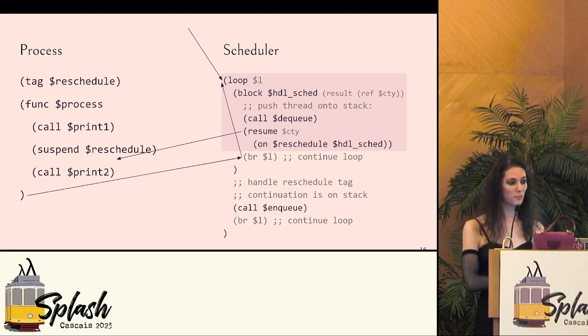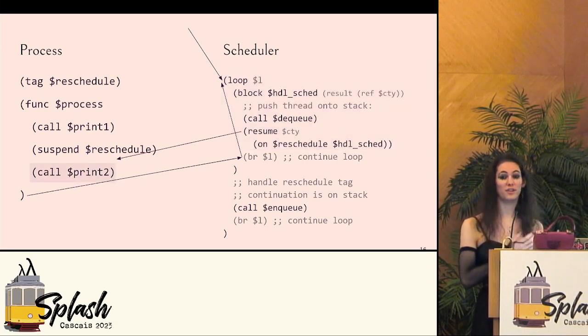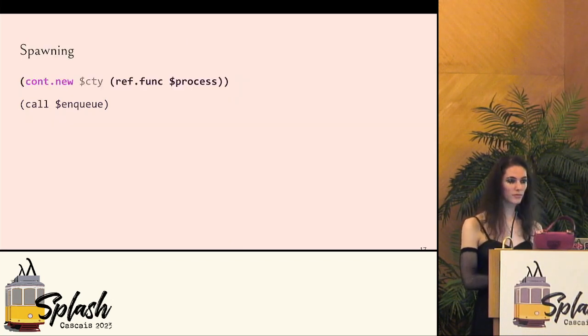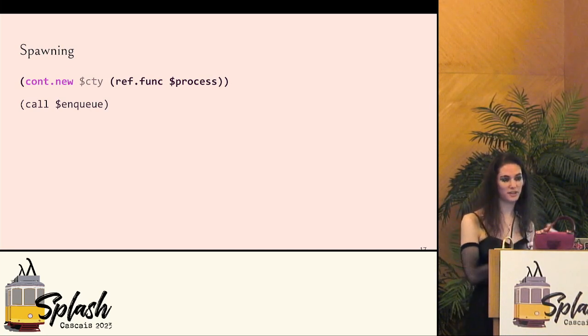And when we resume, because we enqueued the remaining continuation, control is going to pass to the printing of 2. And when this function returns, we can execute our return handler, which simply continues with the next thread. And so spawning this process is as simple as allocating a continuation representing it, and then enqueuing it.